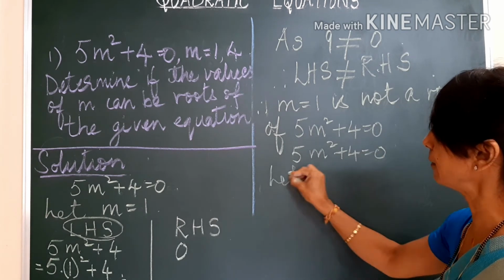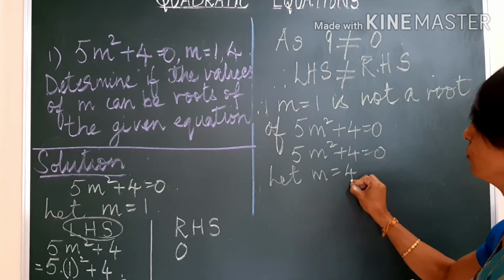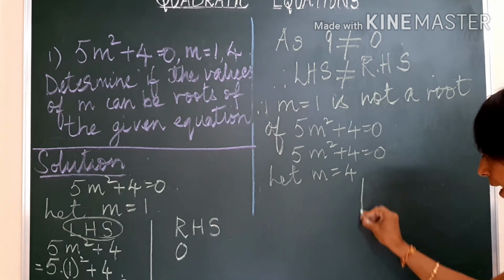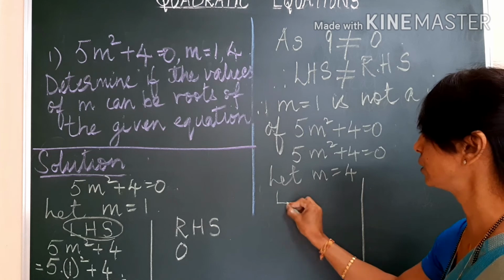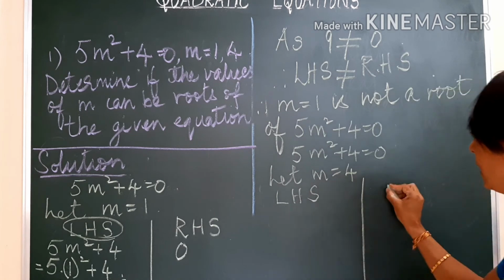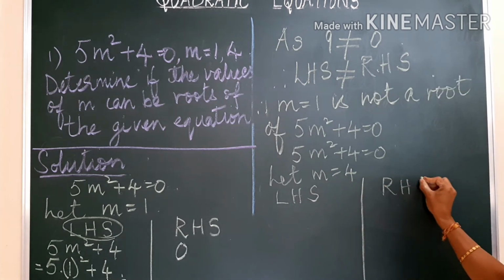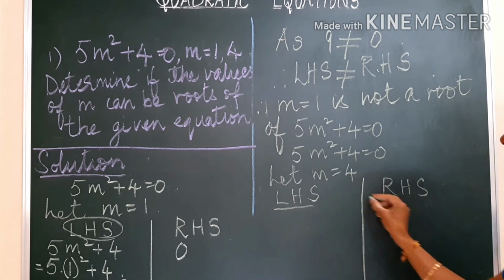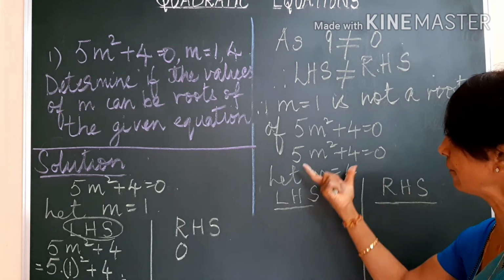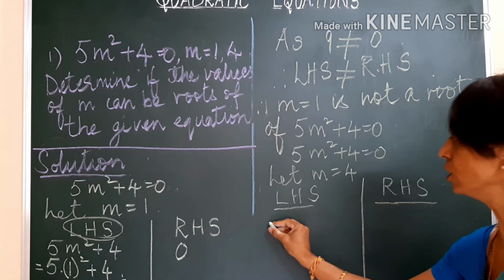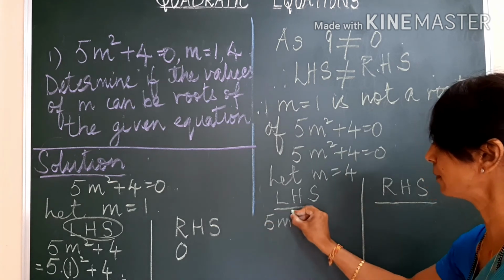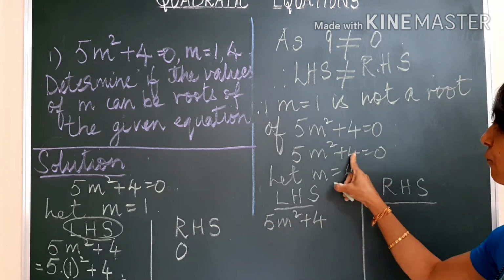Now I will write let m is equal to 4. I divide my blackboard into 2. Left hand side, right hand side. So what is my left hand side of the given quadratic equation? I write it down. 5m square plus 4.